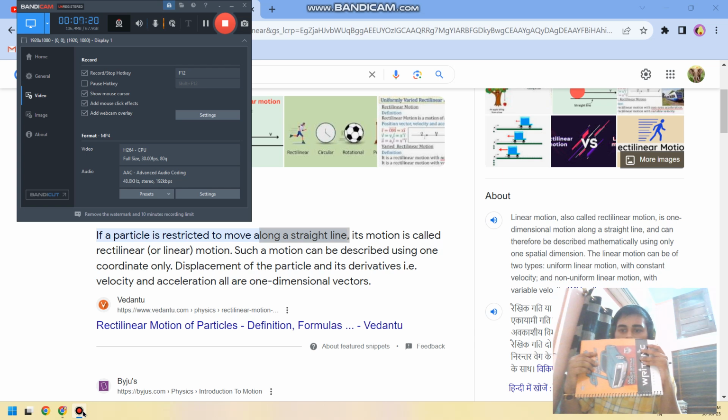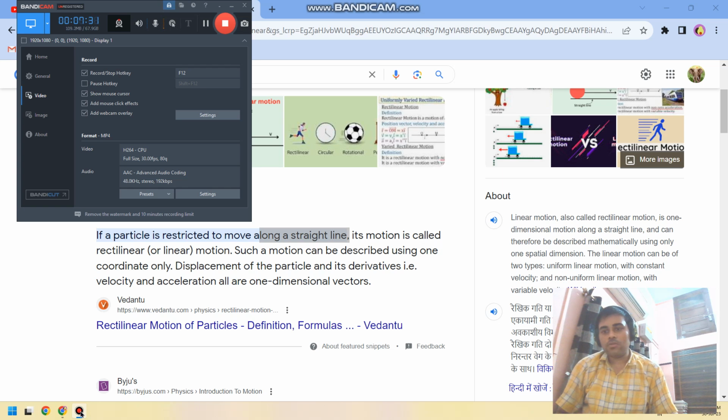Suppose I drop it. It took 1 second. Now I again drop it from another height and it took 2 seconds. And now I again dropped it and it took 3 seconds. If we know the distance and the time, you can draw the distance time graph.